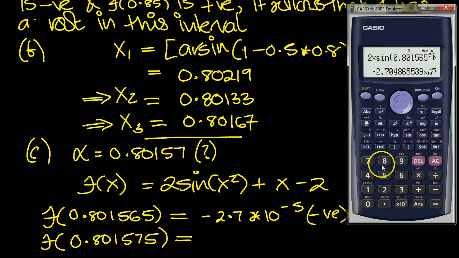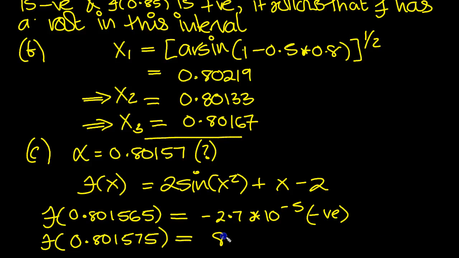And now we can toggle back and just put 0.80157 in. That's easy enough to do. And we get 8.6 times 10 to the minus 6, which is positive.